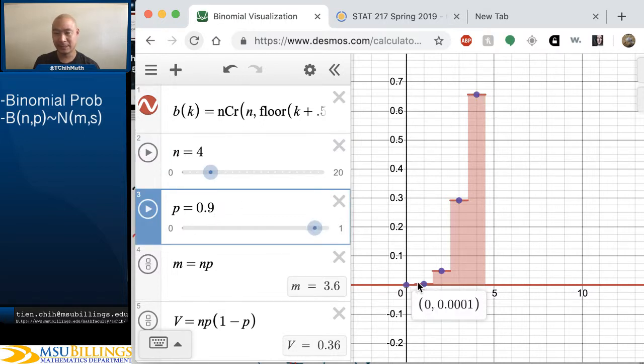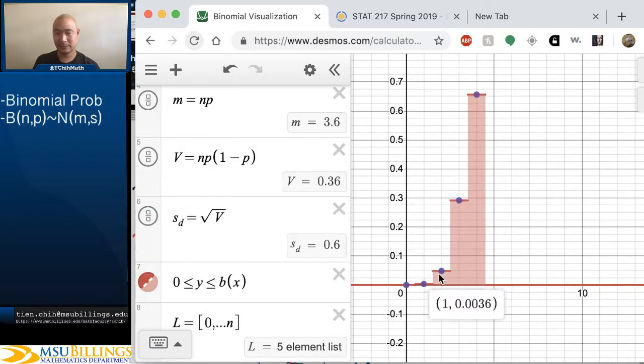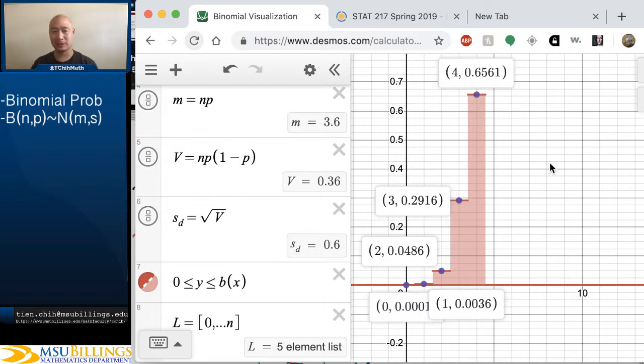So there are 5 possible outcomes, right? When she takes these 4 shots, she could miss them all. She could get 1 basket in, 2 baskets in, 3 baskets in, and 4 baskets in. And so we can see here in this particular case that the chance of her making only 2 baskets is pretty small, and that makes sense, right?